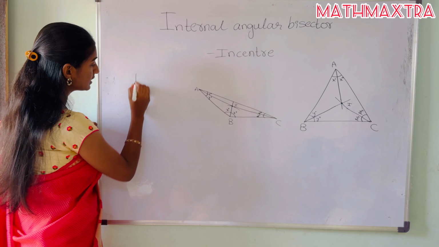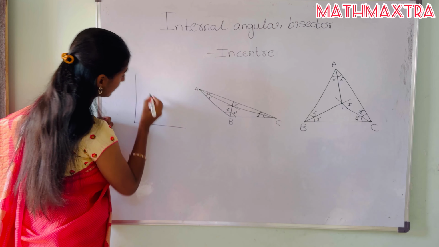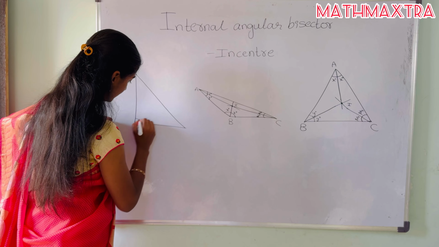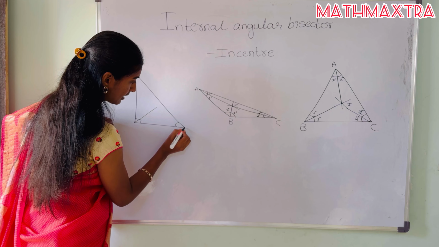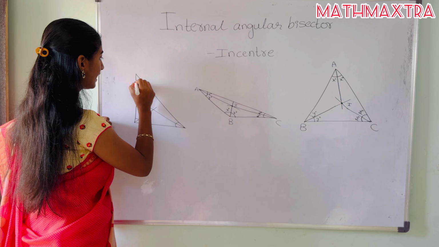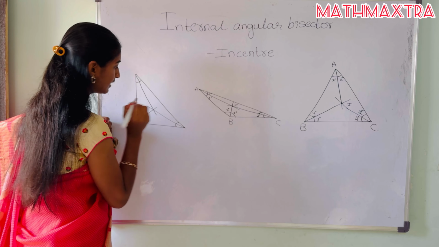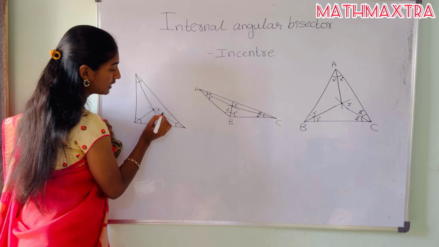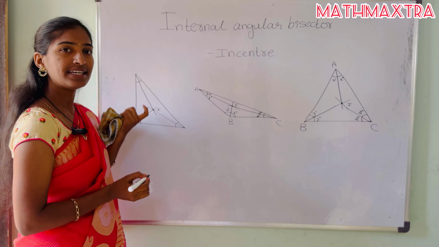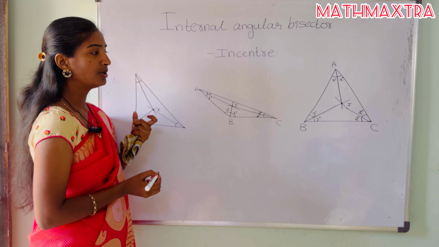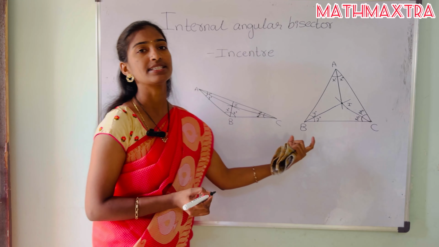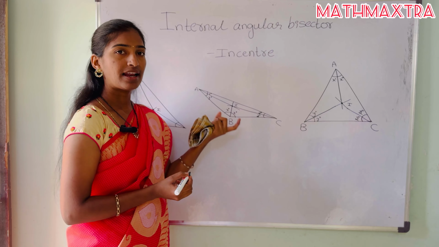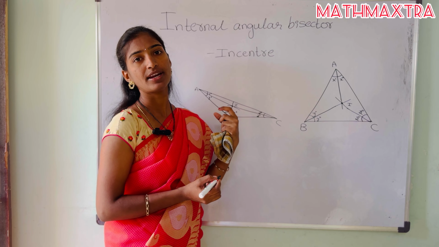If you consider a right angle triangle also, see, this is a right angle triangle. This is one internal angular bisector, this is another, and this is another. So here also the incenter lies inside the triangle. Means in all three cases, the incenter lies in the interior of a triangle.